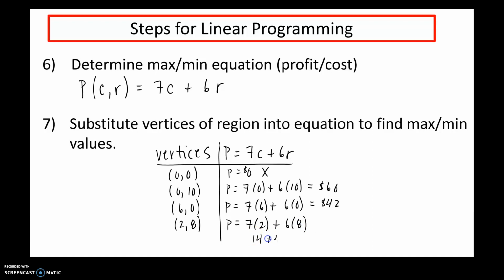So 14 and 48. This would give me $62. Okay, so if you weren't able to do the first example or didn't know how to start, this is exactly what you would do. So now if I'm looking for the maximum, I'm literally just comparing my outputs. The biggest answer is $62.